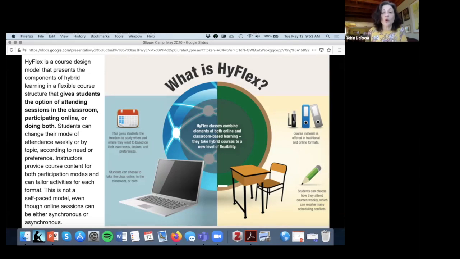So HyFlex is a course design that presents components of hybrid learning in a flexible course structure that gives students the option of attending in the classroom, participating online, or doing both. They can change their mode of attendance weekly or by topic according to their need or preference. Instructors provide course content for both participation modes, online and face-to-face, and can tailor activities for each.